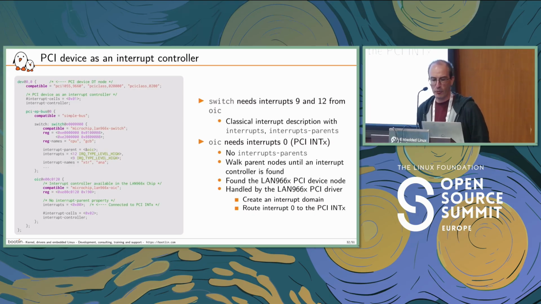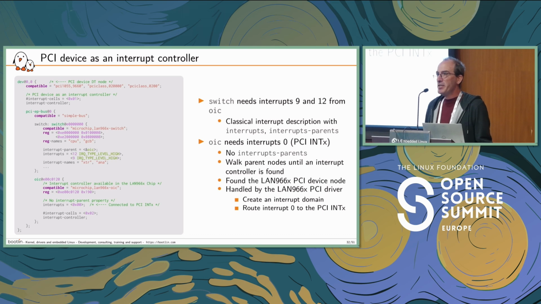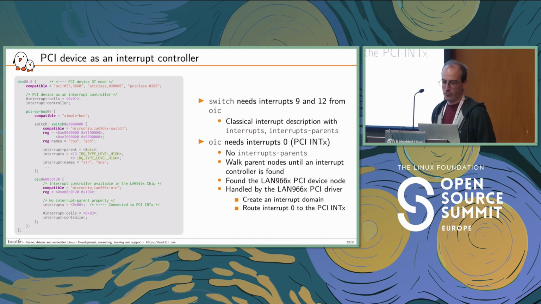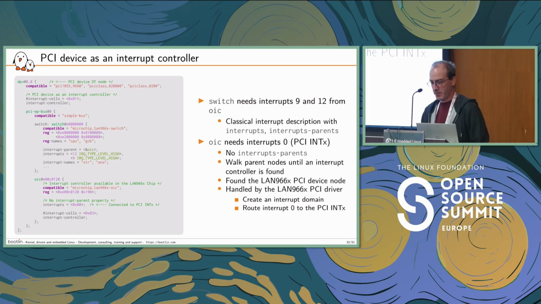In our case, an interrupt controller. So it goes up to the PCI device and considers it as an interrupt controller. So it is the responsibility of the PCI device driver to route interrupt 0, I would say, used by the OIC controller to the PCI INTx.